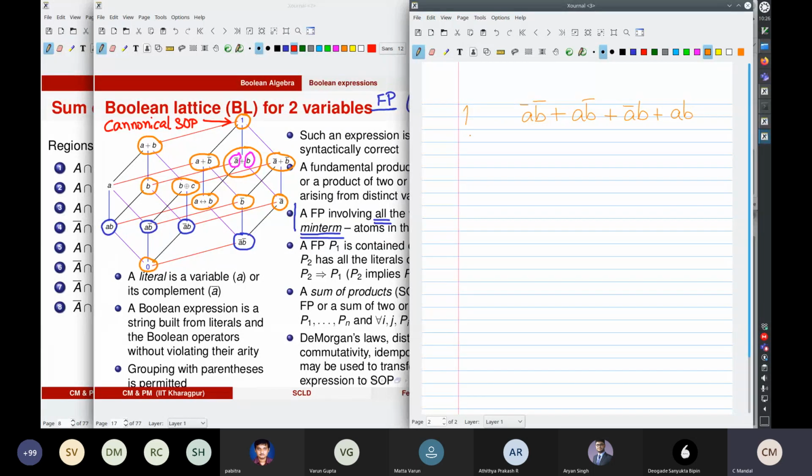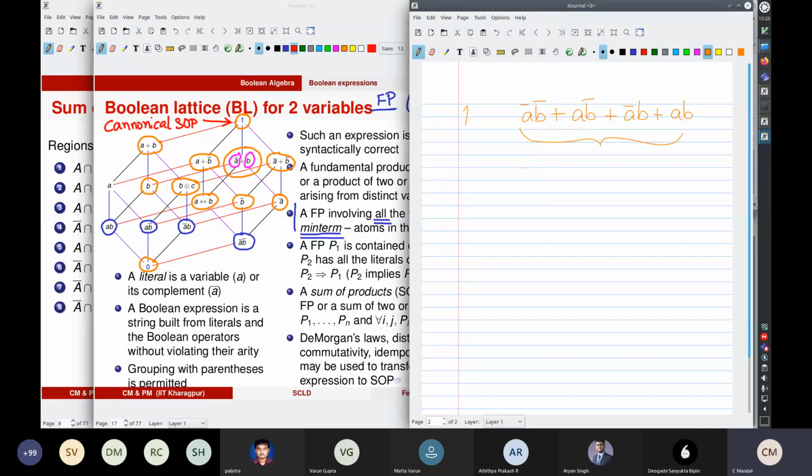So how do you compare the two? This is much bigger, right? Yes or no? Yes. This is much bigger. So that is the problem.